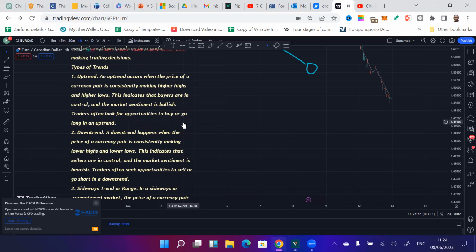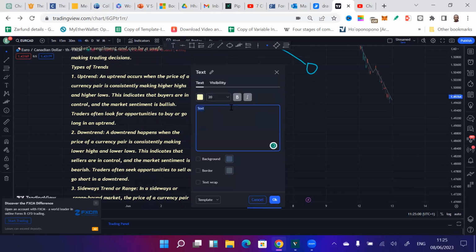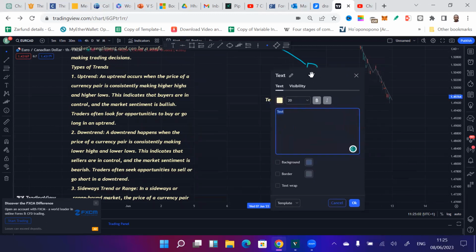Now watch this. We are talking about three terms here. We talk about bullish, we talk about buy, and we talk about long. Bullish, buy, long. So let me put this together. Buy, bullish, long.